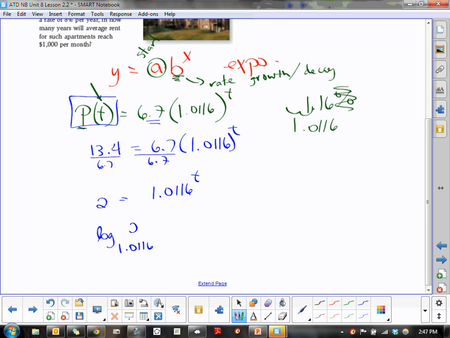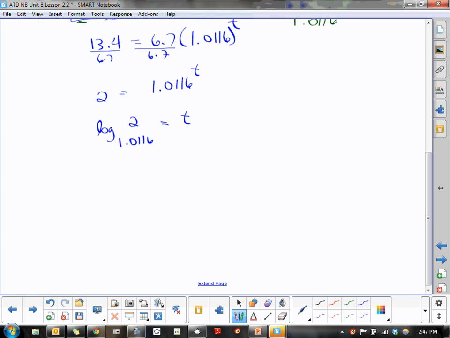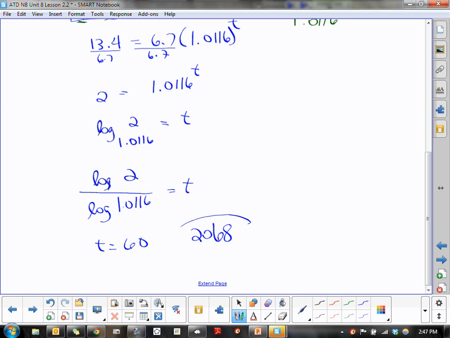Of equals t. We have to elicit the use of a change of base formula. That is your time. If you run the calculation, you should get right at 60 years. So if this is about 60 years, then it's going to be 2068 when we hit that double our population.